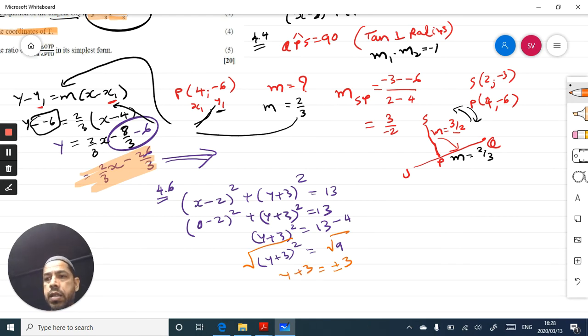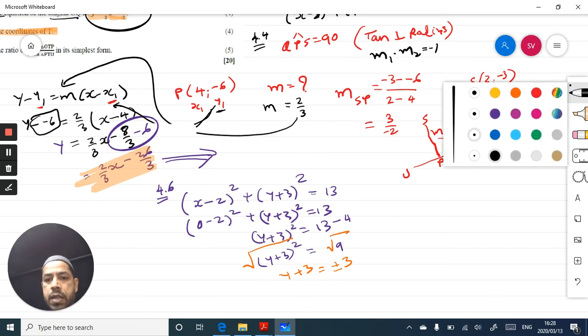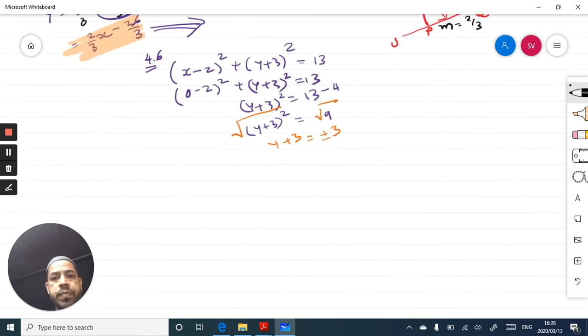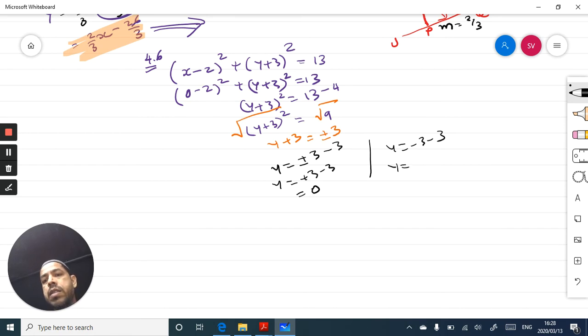Then if I further simplify it, y equals plus or minus 3 minus 3. It gives me two answers: y equals plus 3 minus 3 and y equals minus 3 minus 3. So this answer is 0 and this answer is minus 6. Out of those two, depending on the position of T, I'm going to select one value of y.